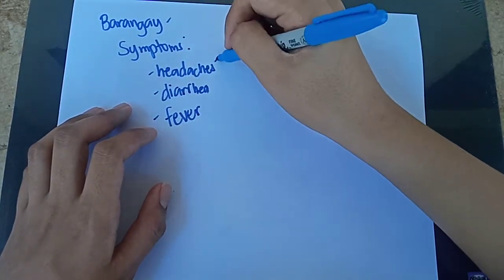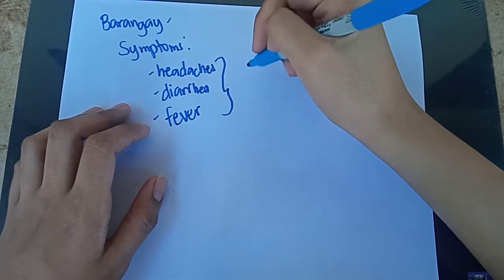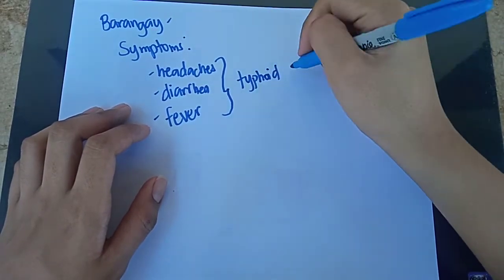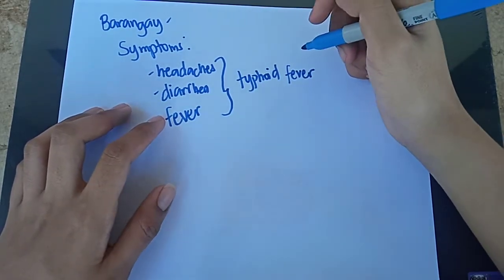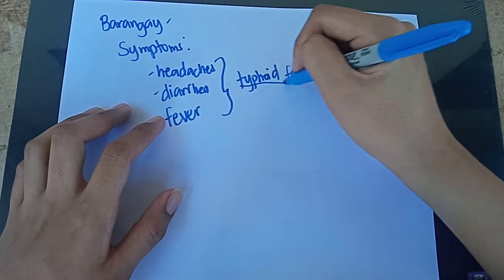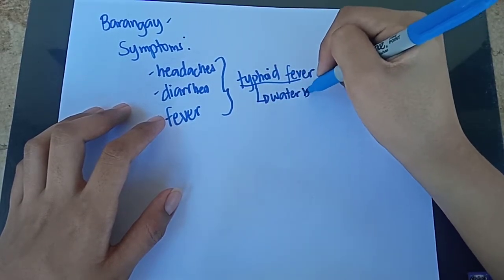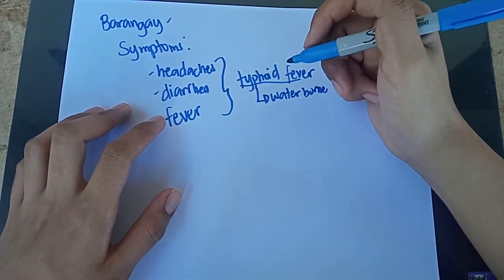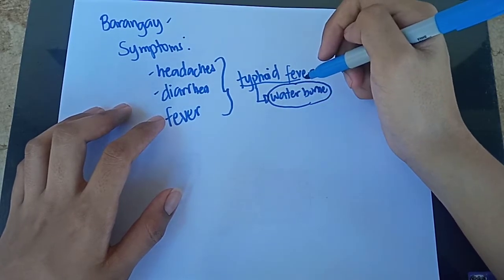Now, these symptoms are actually symptoms of typhoid fever. And typhoid fever is actually a waterborne disease. When we say waterborne disease, these are diseases that came from the consumption of water.